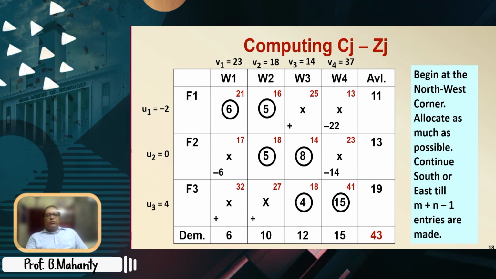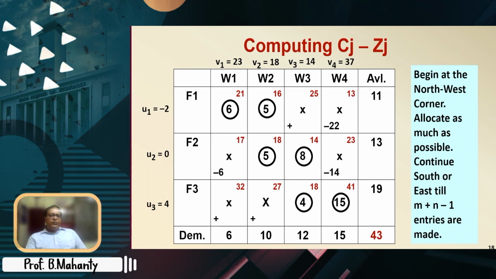Right. So once again, let us compute. We started with U2 equal to 0. If you start with U2 equal to 0, you know that U2 plus V2 should be 18, because Ui plus Vj should be equal to Cij, that is the cost.